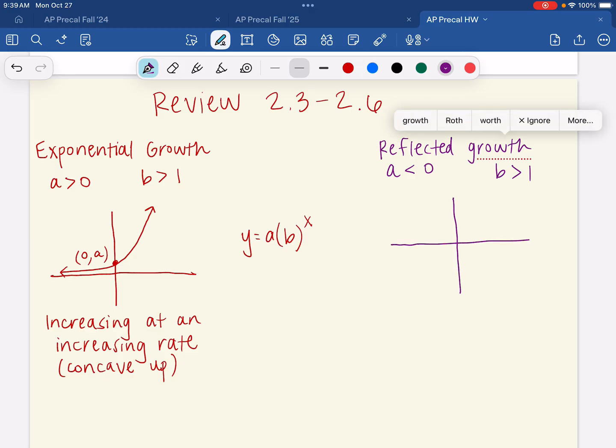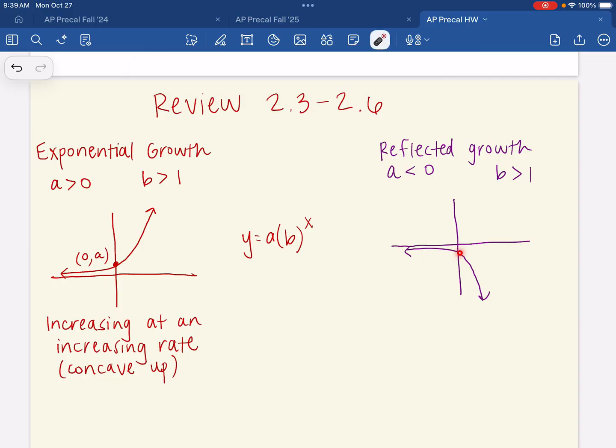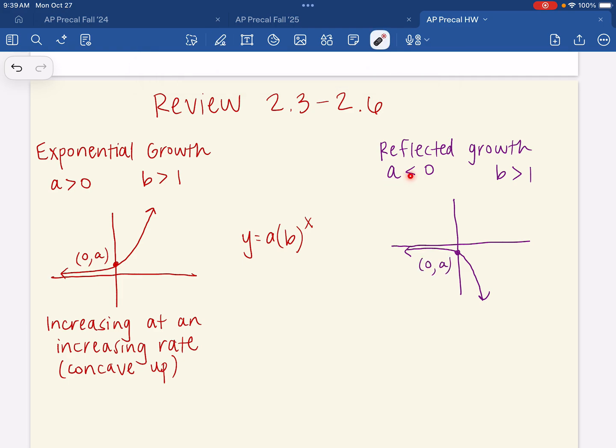It's reflected over the x-axis, so a vertical reflection. And the y-intercept is still a. It's just that here a is some sort of negative number, less than 0.